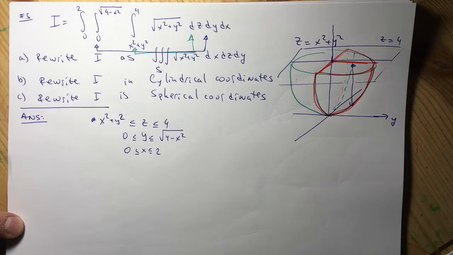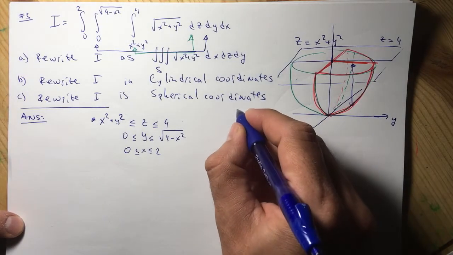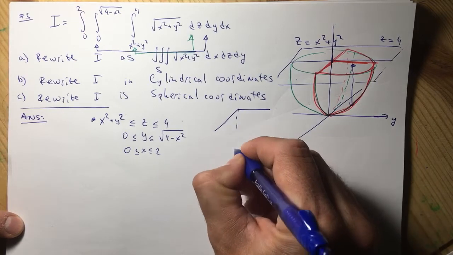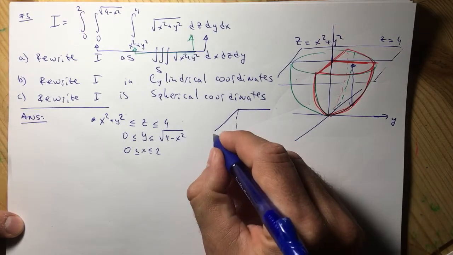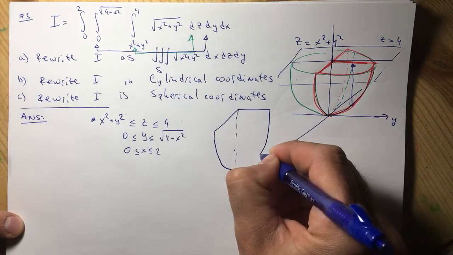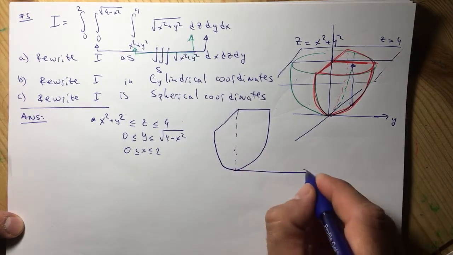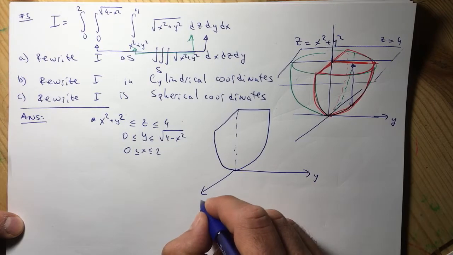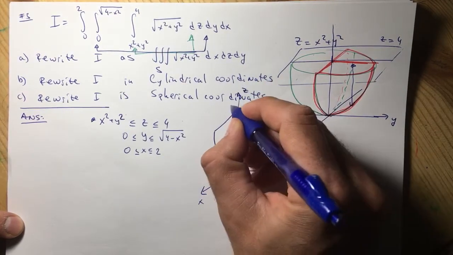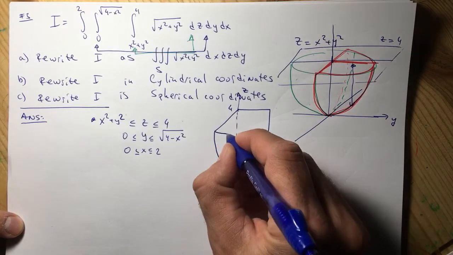Okay, or maybe a little bit clearer picture is along the x-axis, along the y-axis. This is y, this is x, and this is z, and this is 4 right here.